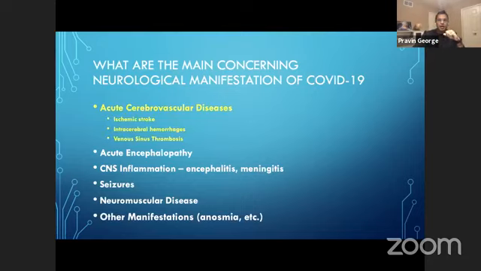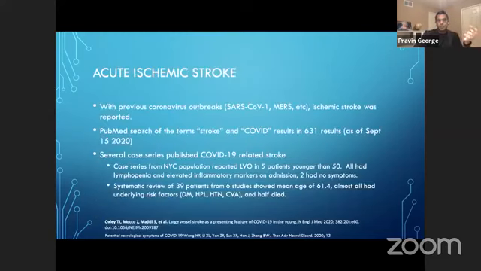And looking at it, with previous coronavirus outbreaks, both SARS-CoV-1 and MERS, ischemic stroke was reported. We started to recognize in 2007 and 2010 that a lot of these strokes were a direct result of the coronavirus outbreaks at that time.